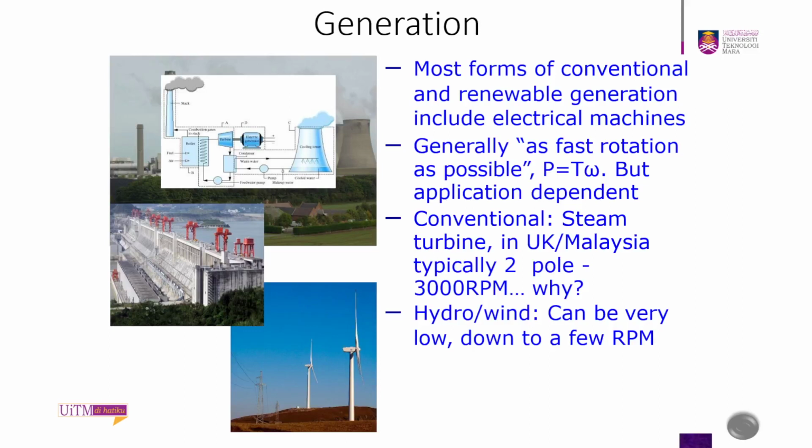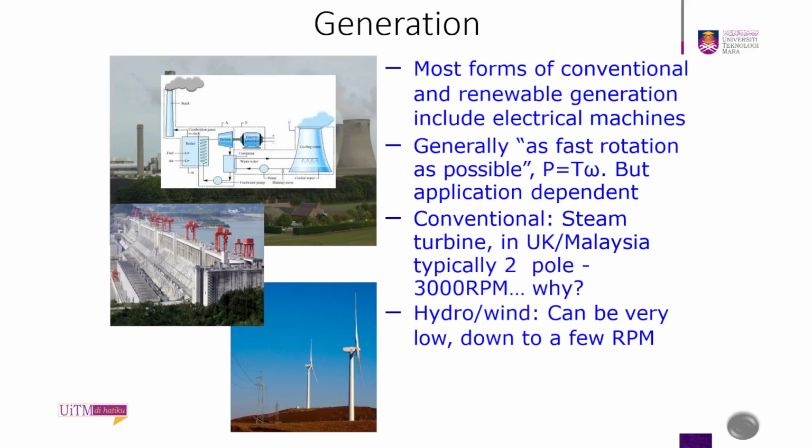That is the electric car application. Now we look into the generation application, the generator. Most forms of conventional and renewable generation include electrical machines. They use or apply electrical machines, with as fast rotation as possible. P equals torque multiplied by omega, but it is application dependent.